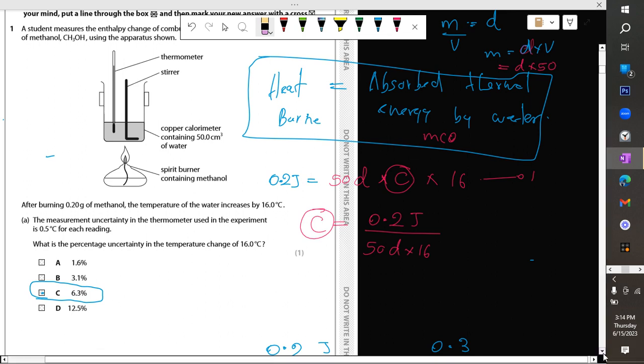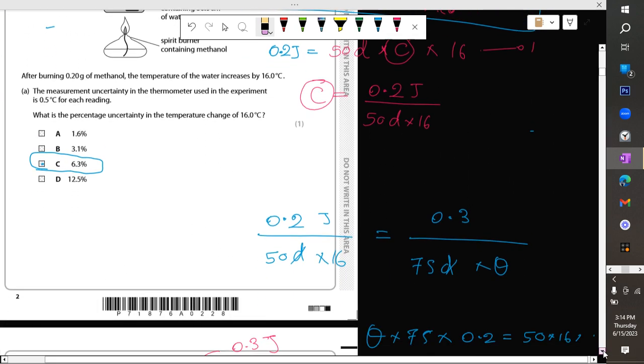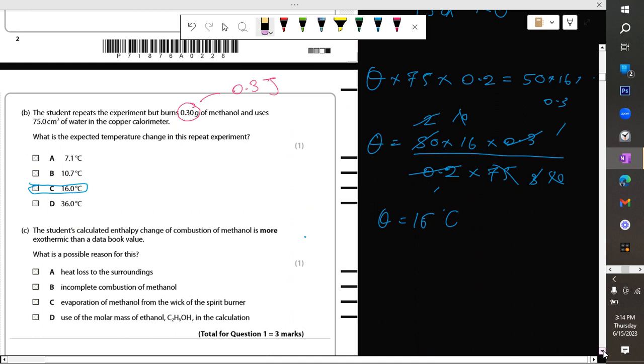I'm going to move to the third part of the first question, part C. The students calculated enthalpy change of combustion of methanol is more exothermic than a data book value.